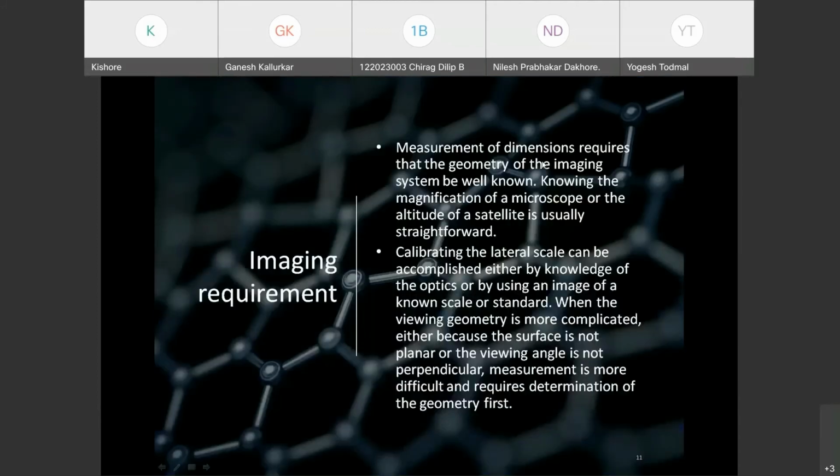Measurements of dimensions require that the geometry of the imaging system be well known. Knowing the magnification of a microscope or the altitude of a satellite is usually straightforward. So let's say I take an image, and let's assume this is a carbon nanotube, and now you want to know the length of the sides.